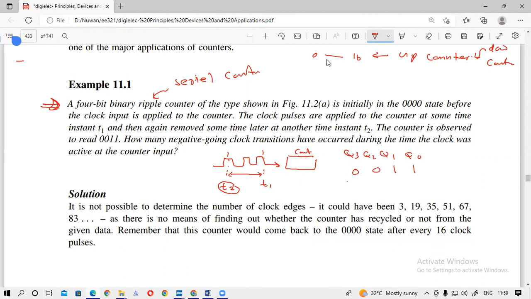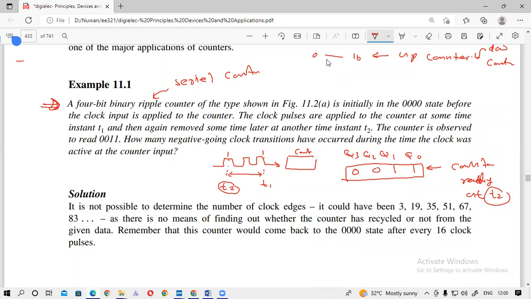So this is the counter reading at t2. At t1 it will start to change the state, and after some time at t2 it takes this state, this combination 0, 0, 1, 1.